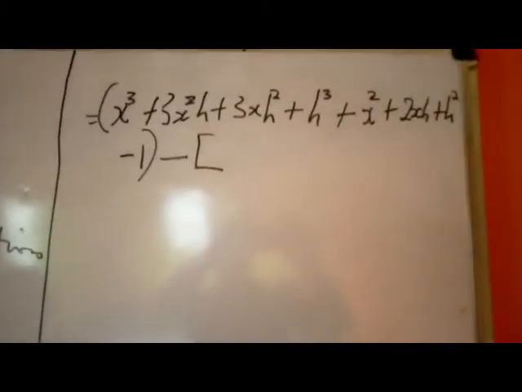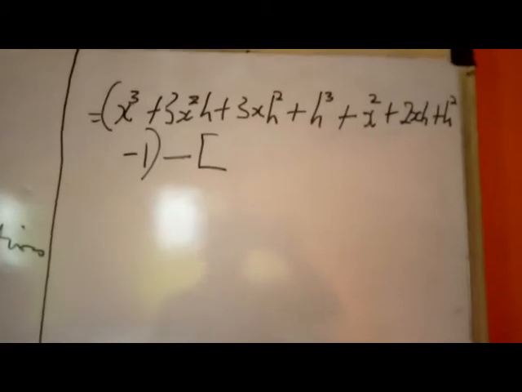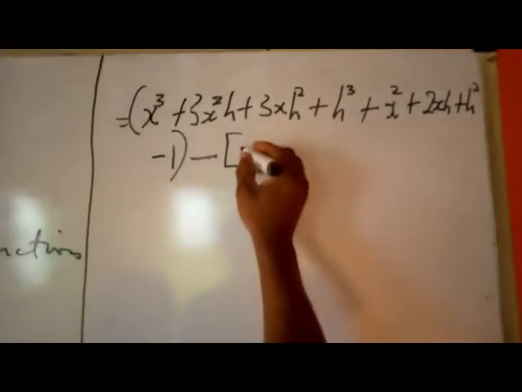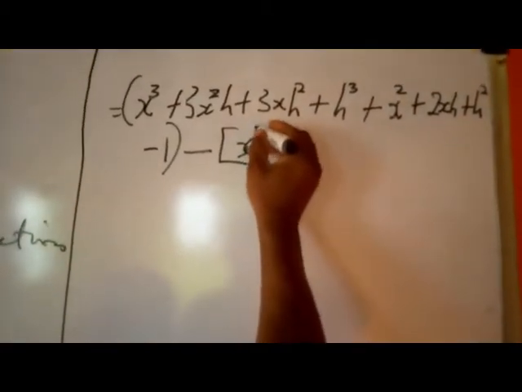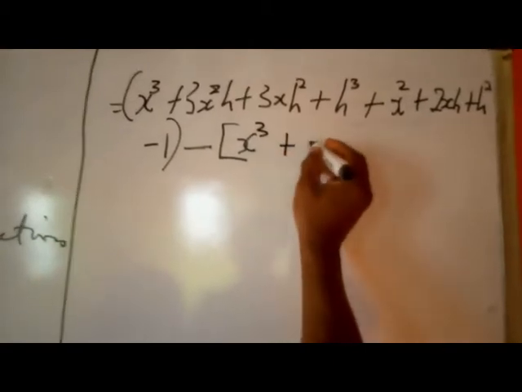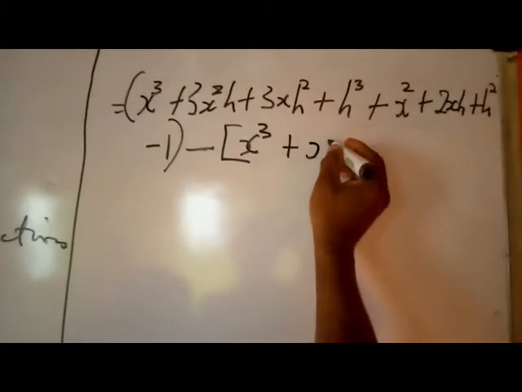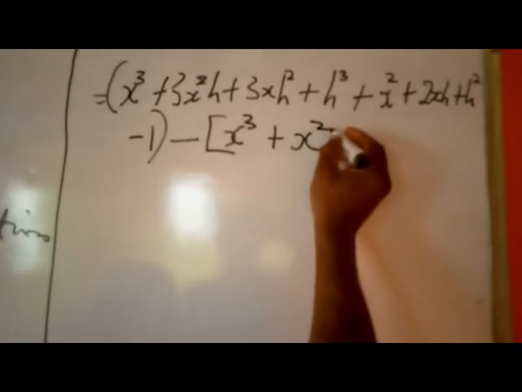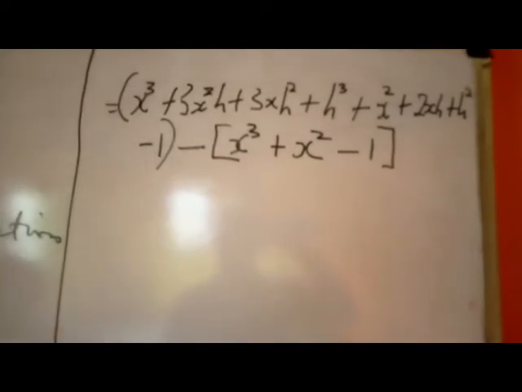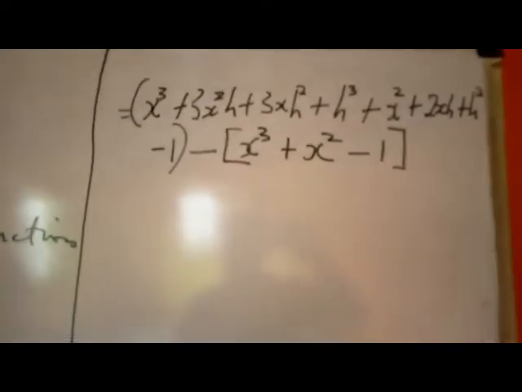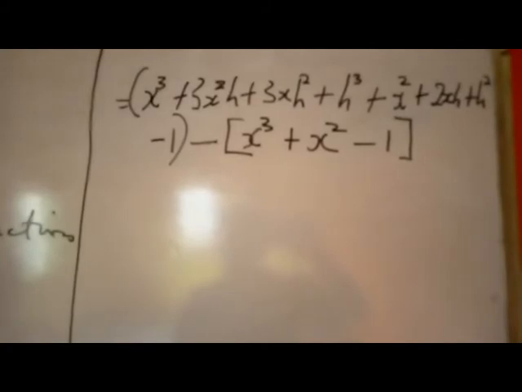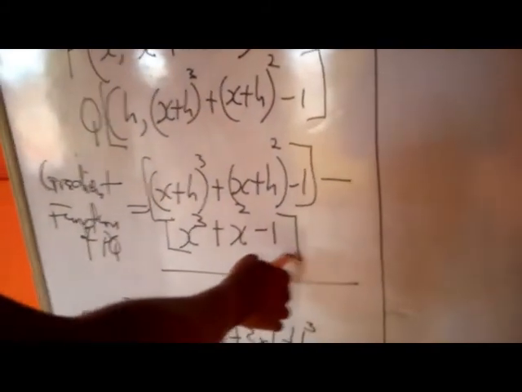Then you talk about the y1, which is simply x raised to power 3 plus x raised to power 2 minus 1. We'll look at it again. What you have, the y1 is x raised to power 3 plus x raised to power 2 minus 1.